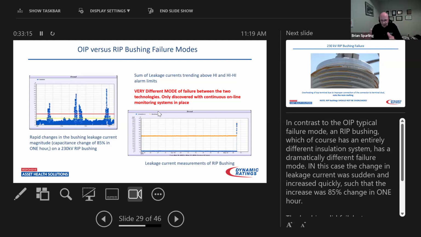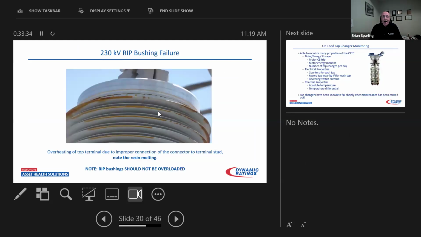RIP bushings are a smaller percentage of the installed base around the world. But the point is, by monitoring it, you know when things begin to go wrong. Time to react on an RIP failure is not as great as you get on an OIP bushing, unfortunately, but those are the rules.